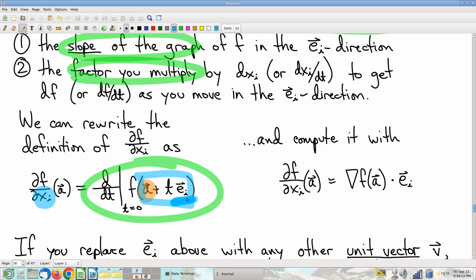It's a unit vector in the xi direction. So what we have on the inside of f here is literally a parametric line describing that I'm at the point A moving with velocity ei. Or said differently, I'm at the point A and I'm moving at unit speed in the xi direction. That's exactly what's on the inside here.